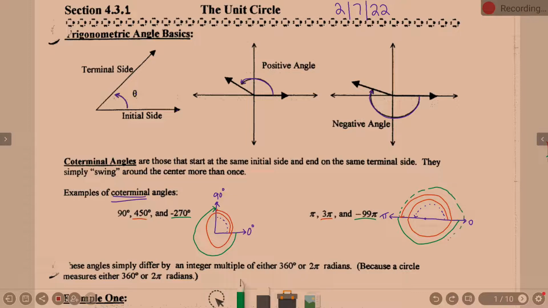If we keep going here, all the way around again, now we're at negative 3 pi. Then after negative 3 pi, subtract another 2 pi, and we'd be at negative 5 pi. Would we eventually get to negative 99 pi? Do you feel confident in saying that is the same as 1 pi and 3 pi? Again, anything that ends right here on pi is a coterminal angle. Okay? So those are the things we're talking about when we talk coterminal angles.